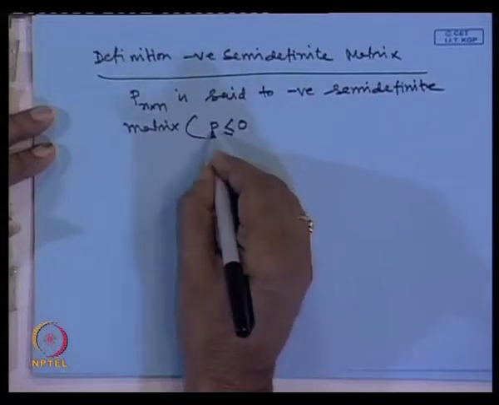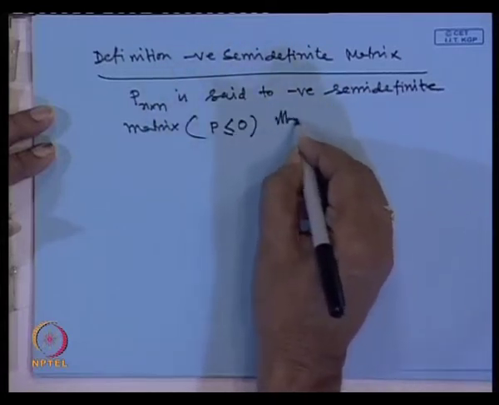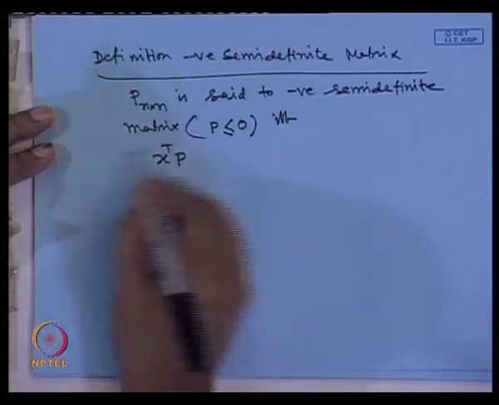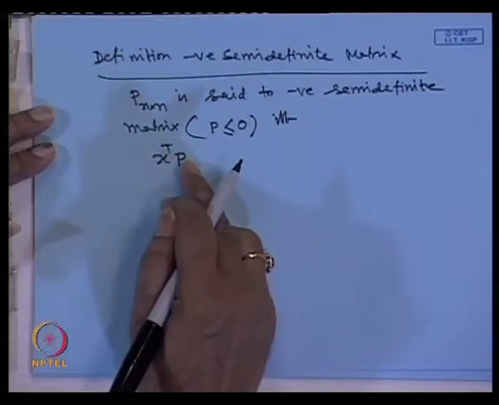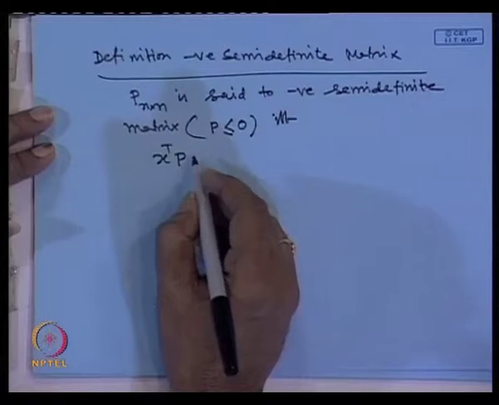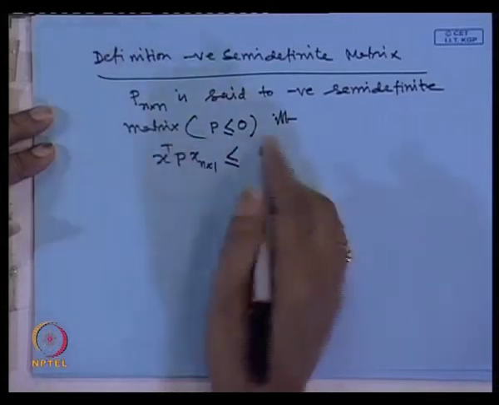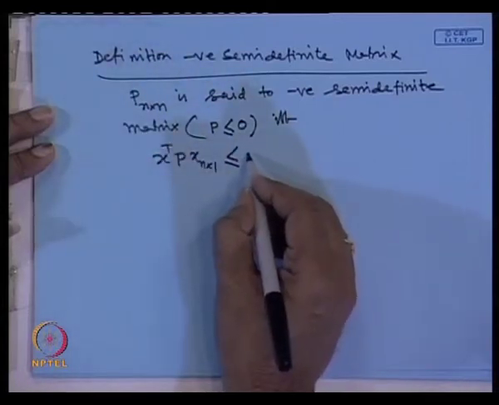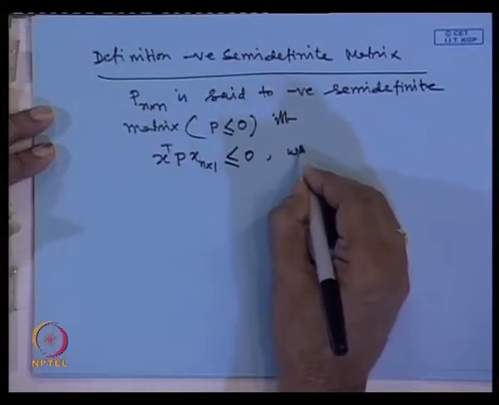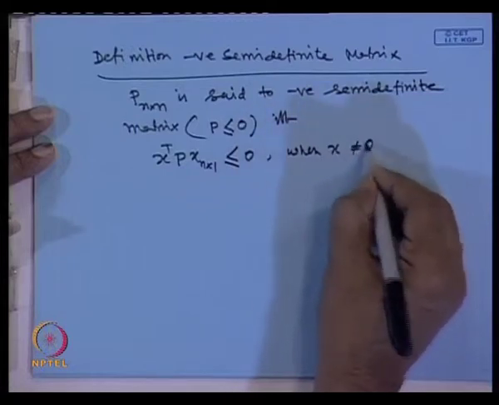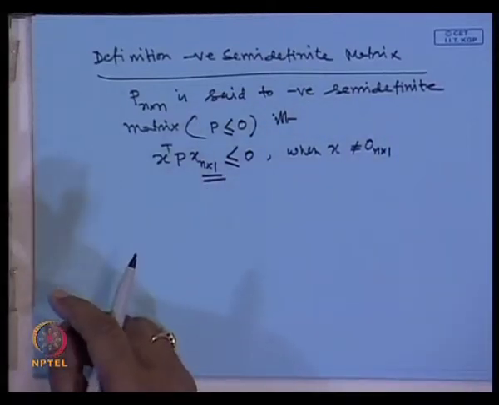We read: P is a negative semi definite matrix if and only if the quadratic form, that means you pre-multiply by x transpose and post-multiply by x, where x is a vector of dimension n cross 1, has a scalar value that is either negative or equal to 0, when x is not equal to the null vector. See, so this is that.